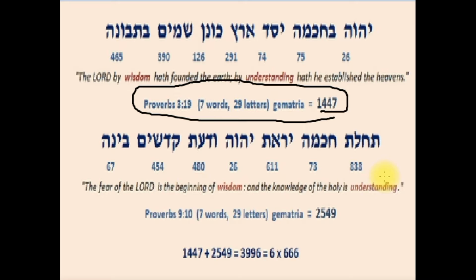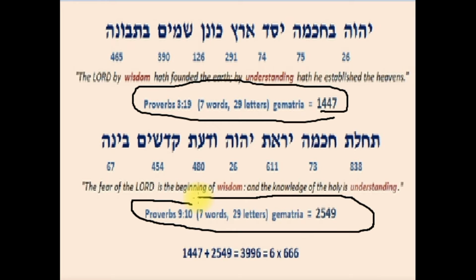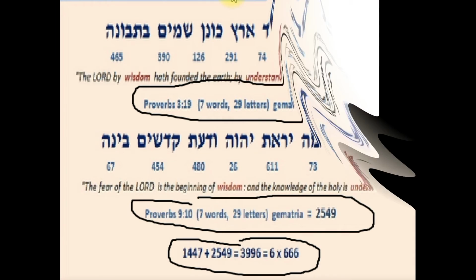And Proverbs 9 verse 10, which is 7 words and 29 letters as well, in Hebrew, has a Hebrew gematria value of 2,549. And when adding those two together, you get a sum total of 3,996, which is 6 times 666, which is the 3 on top and the 3 on bottom, number of units that make up the total of 3,996 units in the holograph signature of the Lord.